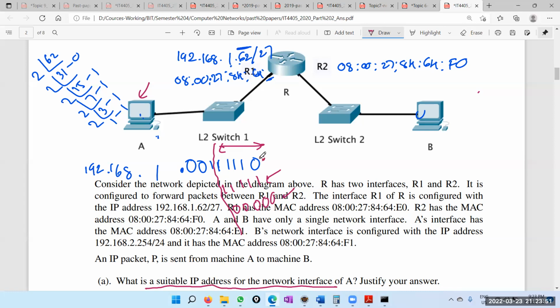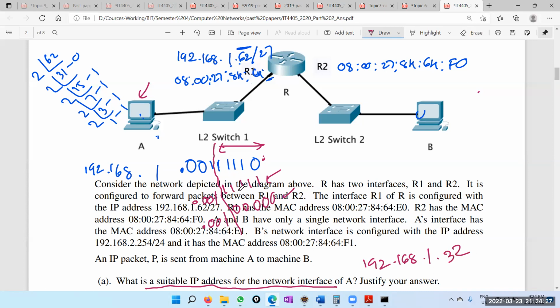So what is the smallest number? 192.168.1. Here you have the 001, and it's very important that you can't touch this part. The smallest number is 192.168.1 with the bits weighted 1, 2, 4, 8, 16, 32.